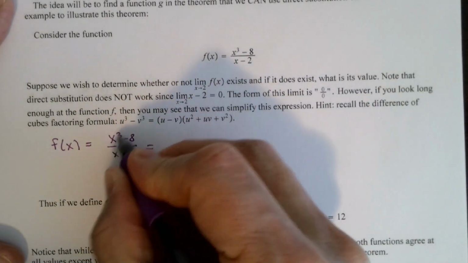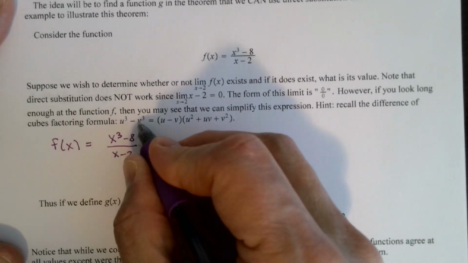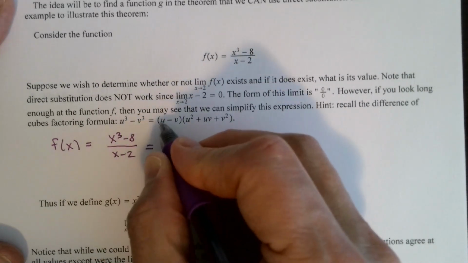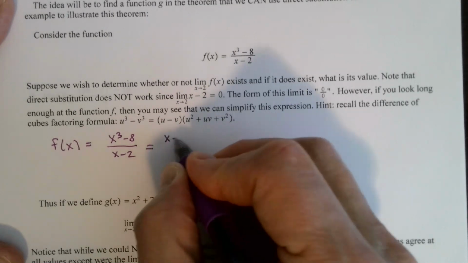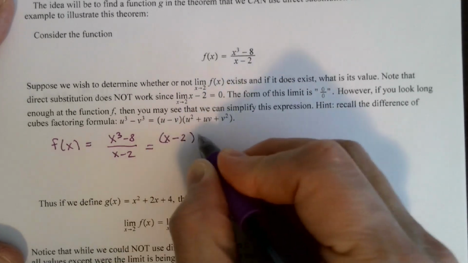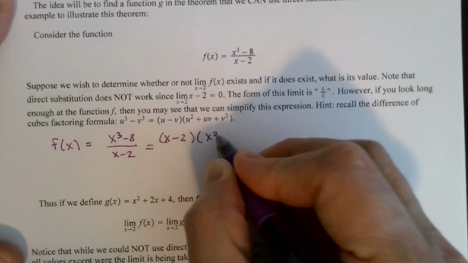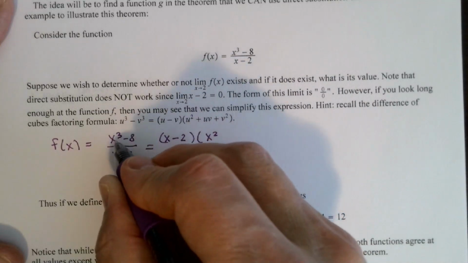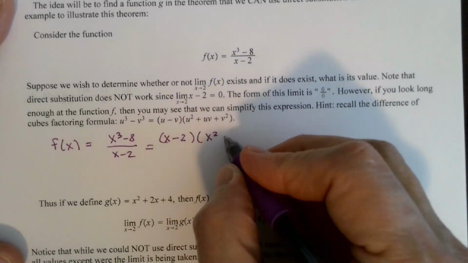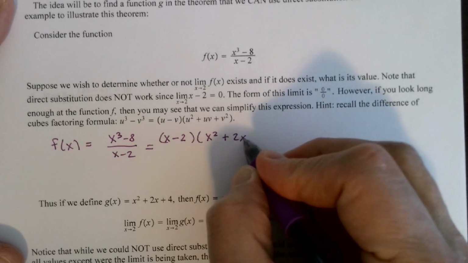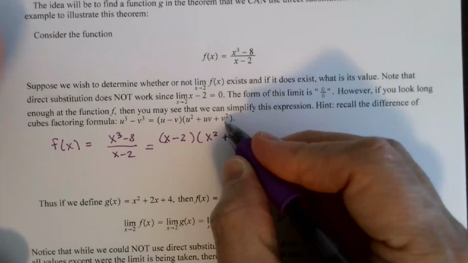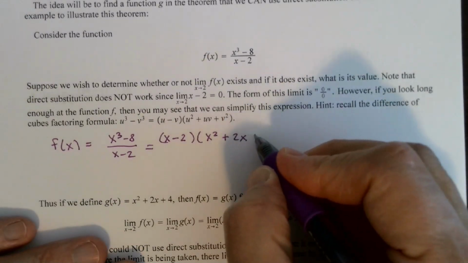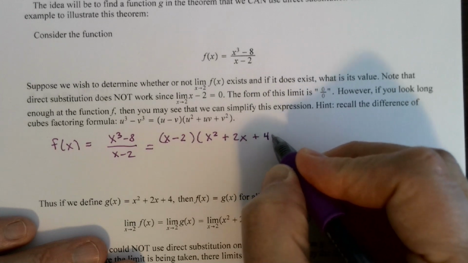And notice x is the u and 2 is the v, because 2 cubed is 8. So I've got u, which is x, minus v, which is 2. U squared, that's x squared. U times v is x times 2, or 2x. And then v squared: v is 2, and squaring that is 4.